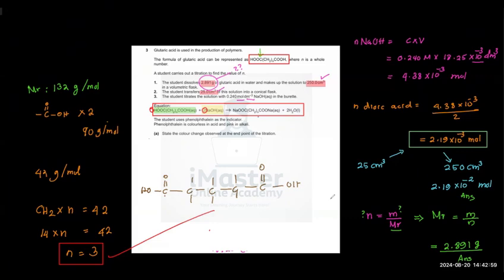So it will be like 25 centimeters cubed of a particular concentration in the flask. I think you have to... Yeah, making a standard solution is a known mass dissolved in a known volume, right?